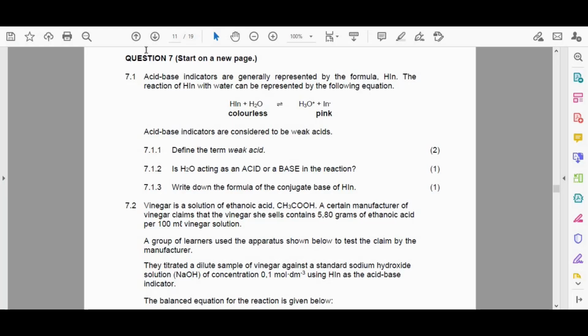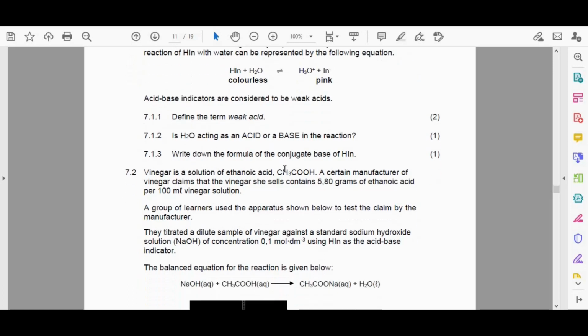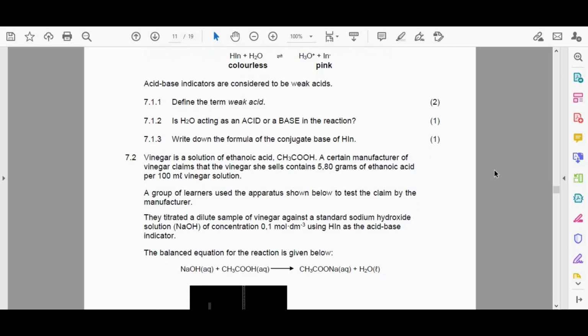7.2 starts by reading that vinegar is a solution of ethanoic acid, CH3COOH. A certain manufacturer of vinegar claims that the vinegar she sells contains 5.8 grams of ethanoic acid per 100 milliliters of vinegar solution. A group of learners used the apparatus shown below to test the claim made by the manufacturer.